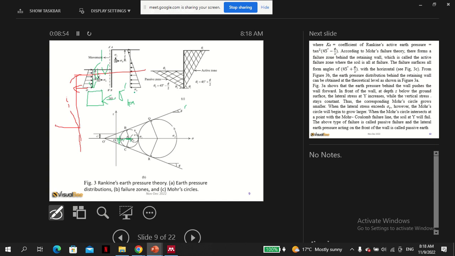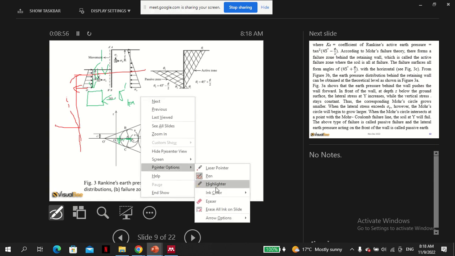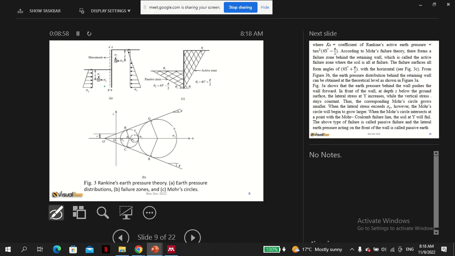Now intuitively on this side as well, if this increases, you need also to note, normally the highest value is sigma 1, so sigma v remains the same, but because of the squeezing, the soil is pushed this way.